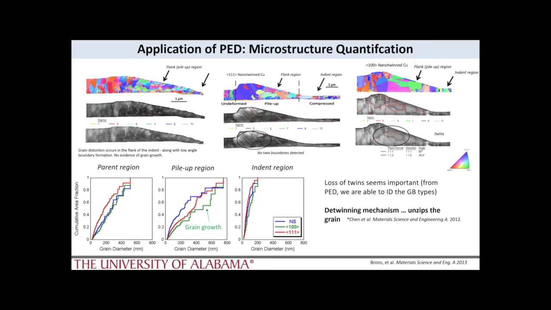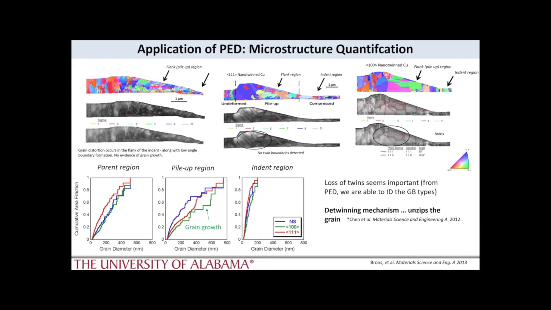Now, recognizing through the ability to identify the type of grain boundaries that twins must be an important contributor to the behavior, and the fact that we don't see the twins in the grain growth regions, gave us a lot of direction to recognize that the potential mechanism for this cryogenic induced grain growth may actually be a detwinning mechanism that has been proposed by, for example, Chen and others. Basically, under the mechanical load, the twin may be unzipping itself, and in that process of unzipping itself, the grains now appear larger.